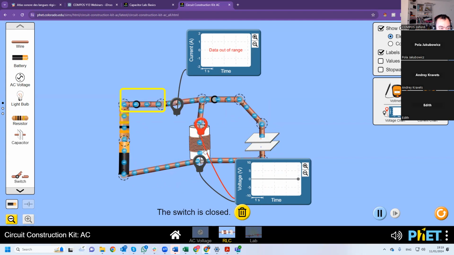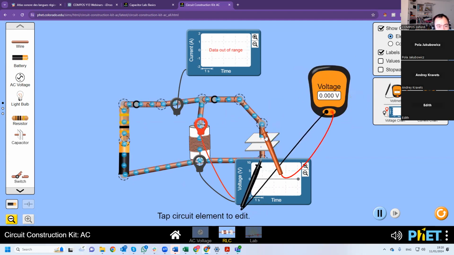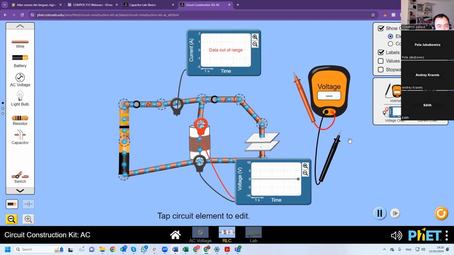And because there's a voltage on the inductor, there must be a... interesting. What is the voltage on the capacitor? Okay, the voltage on the capacitor is 0. All right. But there's a current flowing through here.